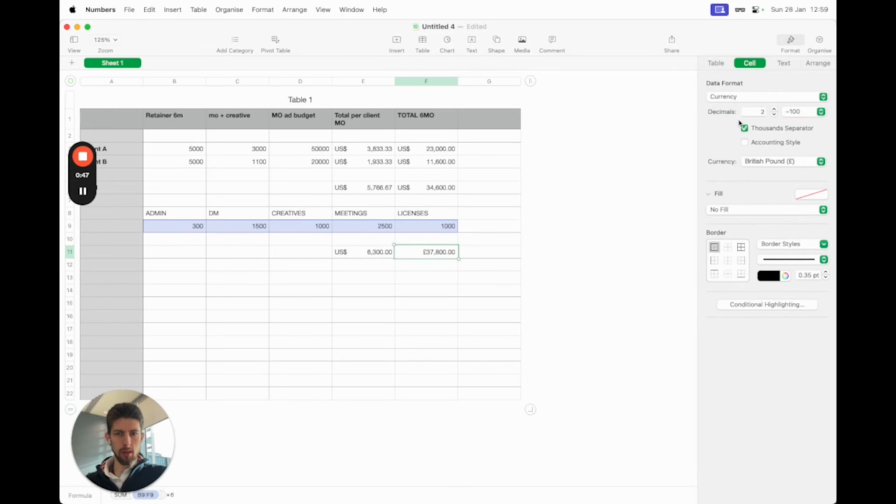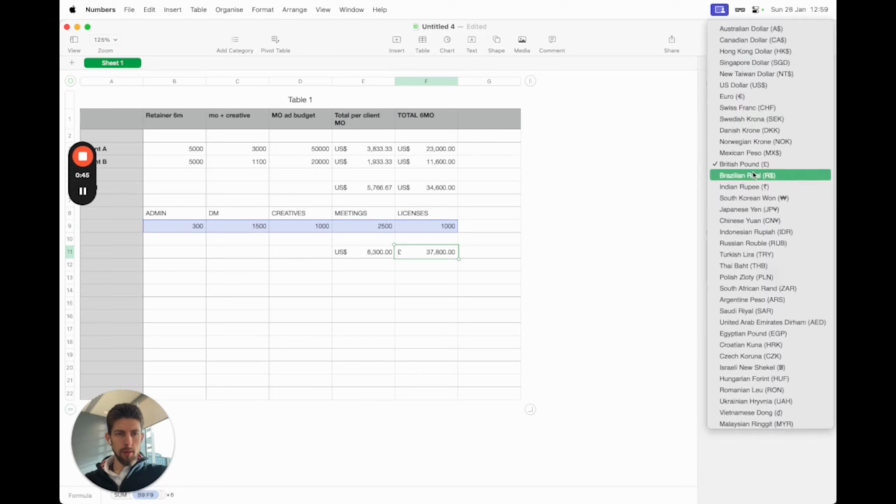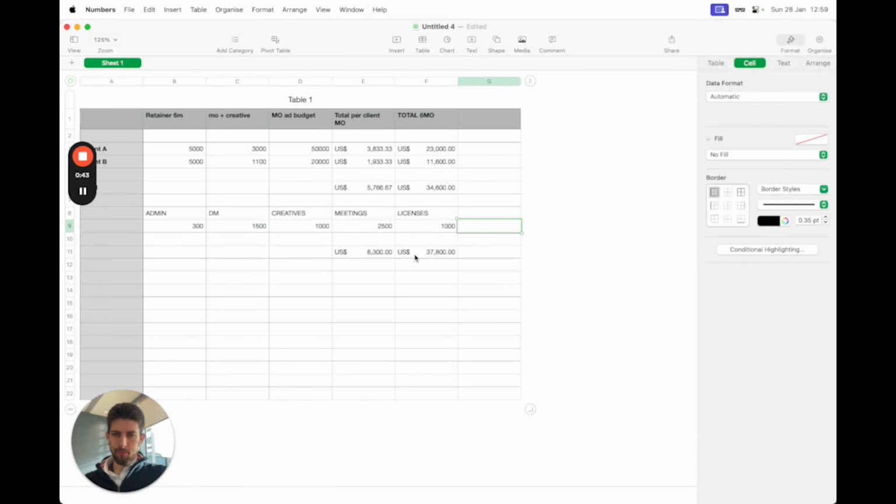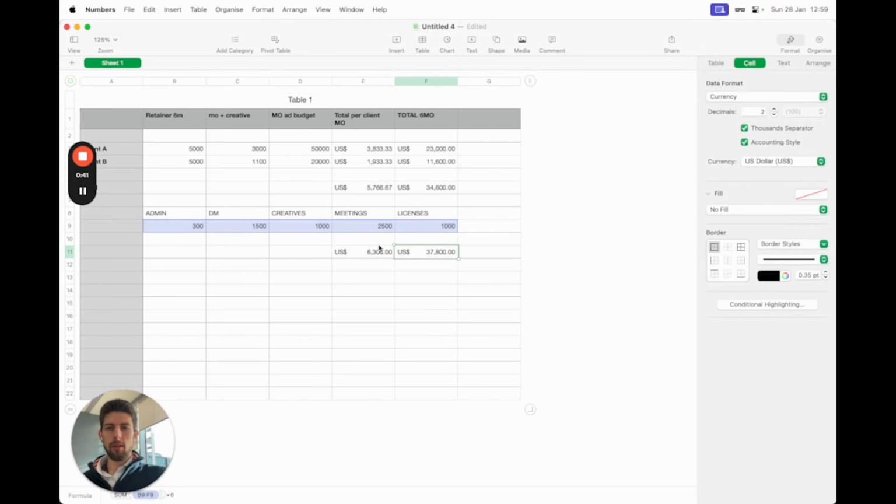Currency and dollar. You see, things don't quite add up, right? So sometimes we need to change the retainer, sometimes we need to change how much we charge monthly, because as you can see, if we look at the total here, on a 6 month per client basis, we're spending more than we're actually making, which is bad.